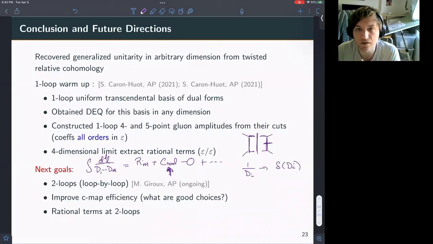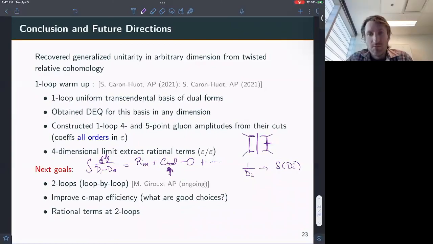I think this is the reason why we can do that. Essentially, doing what people have already done in generalized unitarity is basically doing what a dual form does. We've just systematized that, in a way that allows us to get the epsilon corrections straightforwardly.